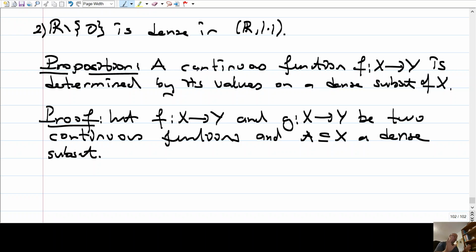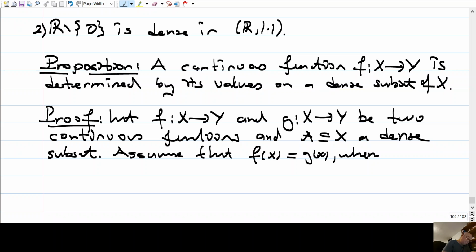I have two continuous functions, and we assume that these two continuous functions agree on this dense subset. Assume that f of x equals g of x whenever x is in A. So these two functions agree on this subset A, which is dense.